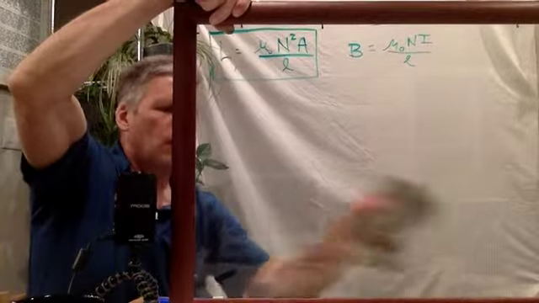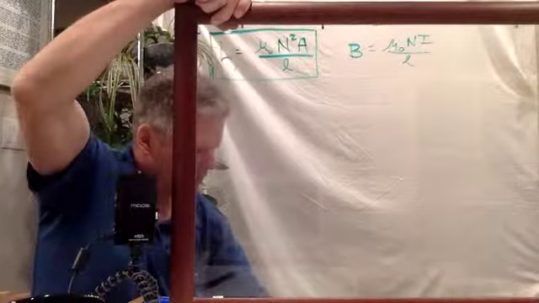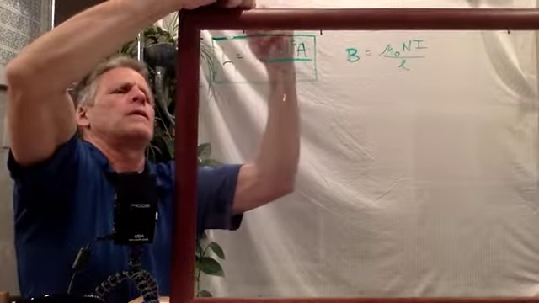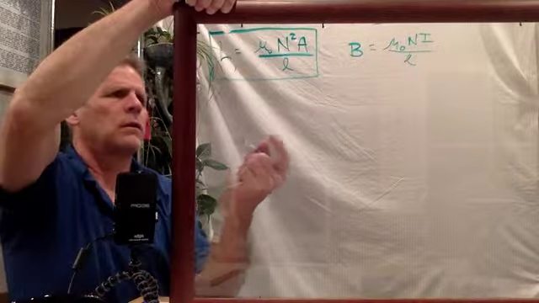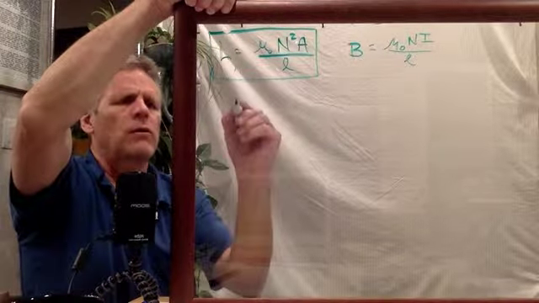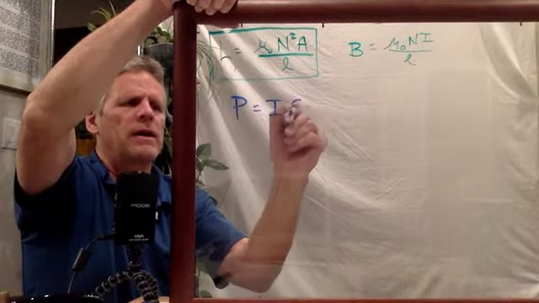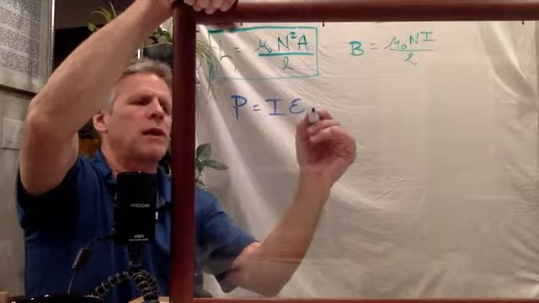All right, so now what I want to do is calculate what's the power that goes into a solenoid. Well, what's the power? We are going to use P equals I E, where E is EMF. But we now know what EMF is.